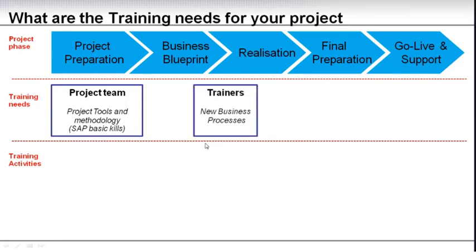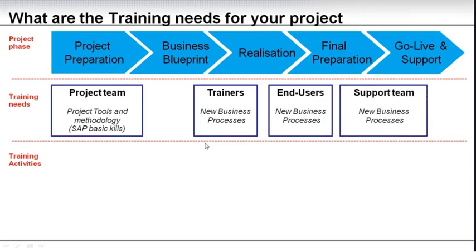Later on, it becomes the trainers, who now need to be trained and knowledgeable in the new business processes, and they need to start preparing for training the end users. And end users, of course, need the new business processes. They need to know how to do their daily job.